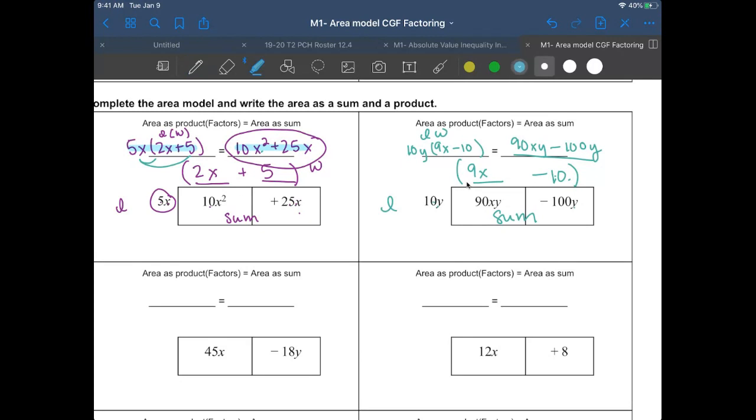There we go. That's my solution. So we're taking the inside stuff here, okay? And what we want to do is undistribute a number, the greatest common factor. So our greatest common factor, the most amount of stuff I can divide out of 90xy and negative 100y, is 10y.